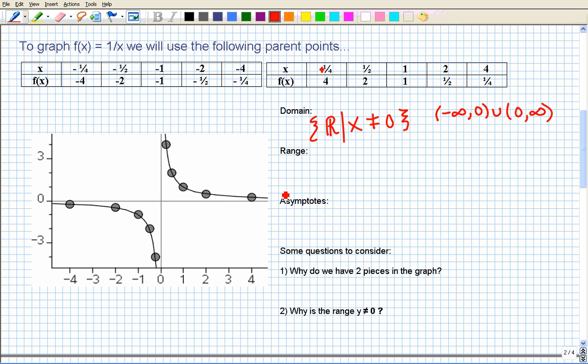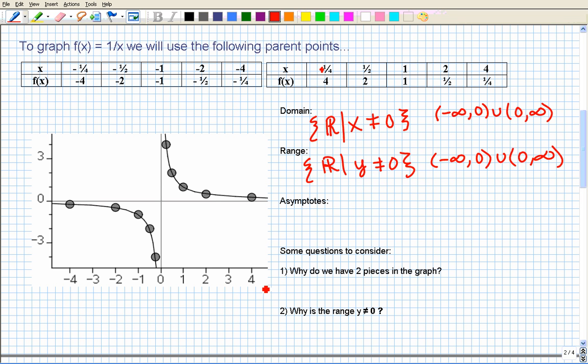For the range, for the y values, again, we're going to have all real numbers except for when y is equal to 0. And even though that doesn't mean that x is necessarily 0, there's not a number that we can take 1 and divide it by and get 0. So that means that y will not equal 0. And the set builder notation would look just the same for the range. And then for the asymptotes, we already looked at those a moment ago.